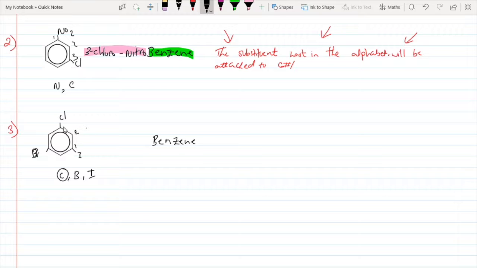So we would number the carbons across this way, 1, 2, 3, 4, 5, and this would therefore be called 5-bromo-3-chloroiodobenzene.